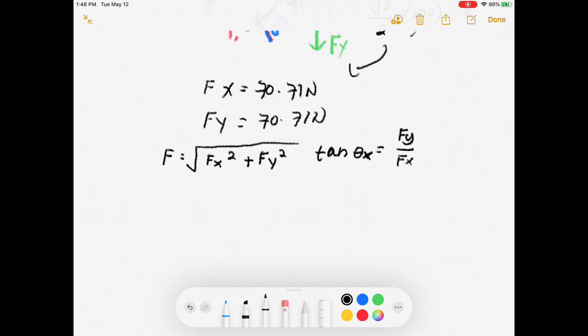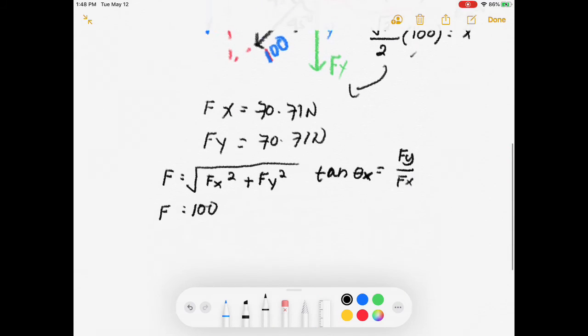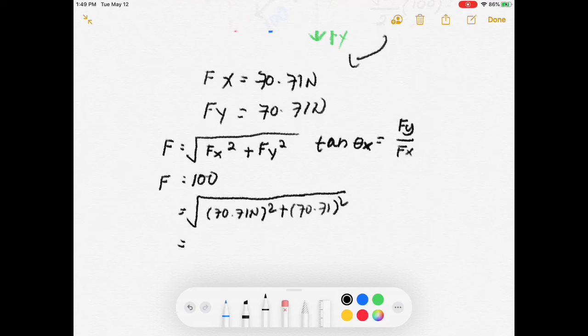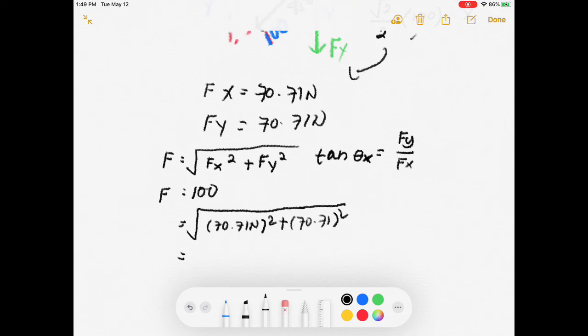To check, the value we need is 100, because that's the given force. Simple: put in the square root 70.71 Newton squared plus 70.71 Newton squared. Calculate that on your own; I have a calculator here, but it's not scientific. You should get 99.99, which we can round up.